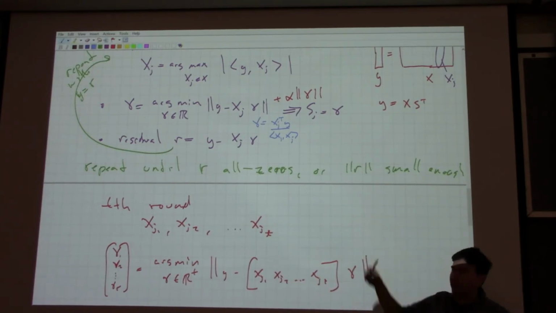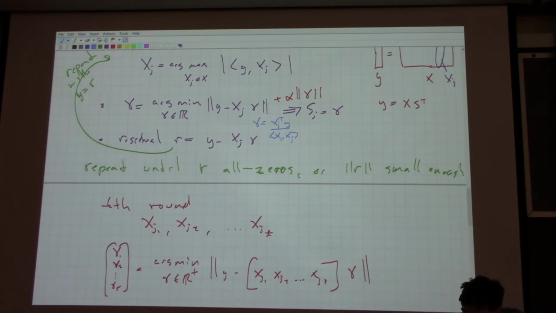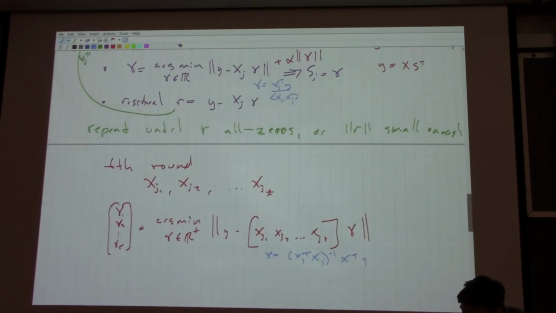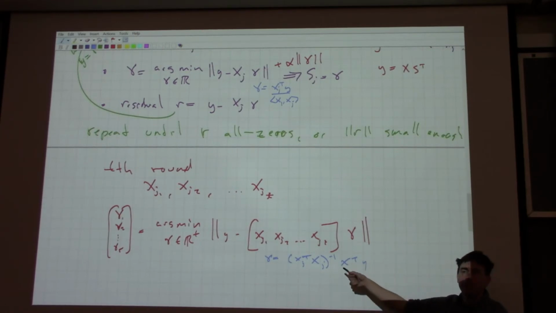It's going to look just like that, but written in matrix form. So now gamma is going to be xj transpose xj, inverse, times xj transpose y. So I can solve for this in a closed form.